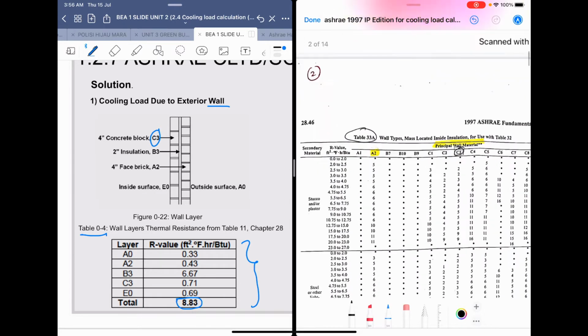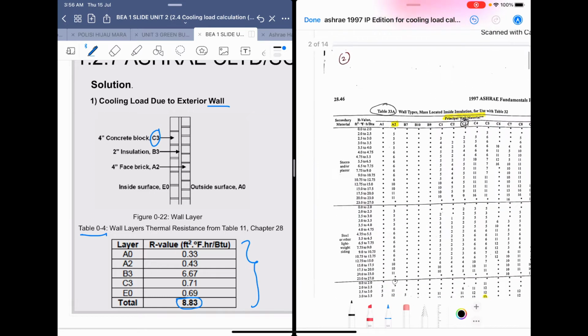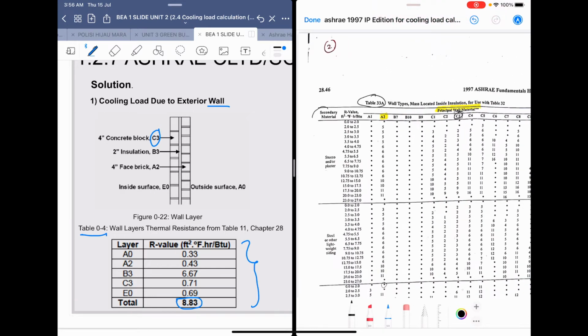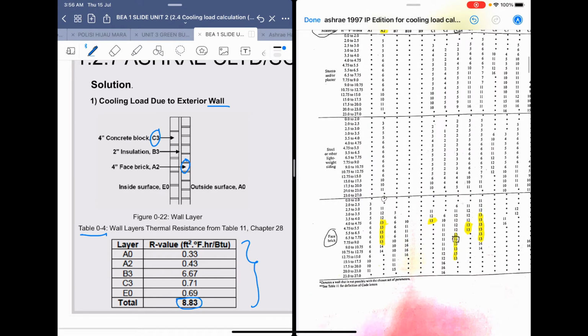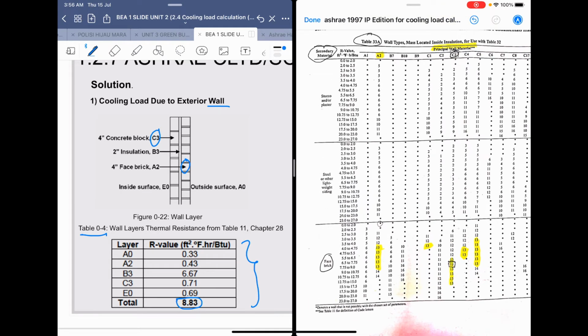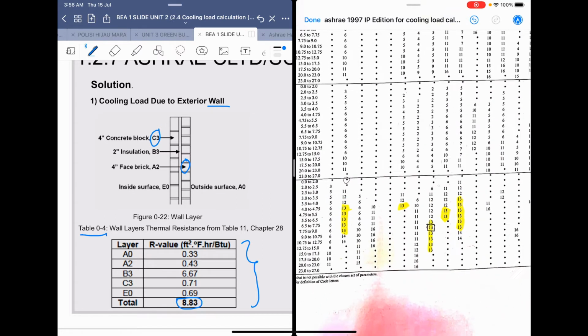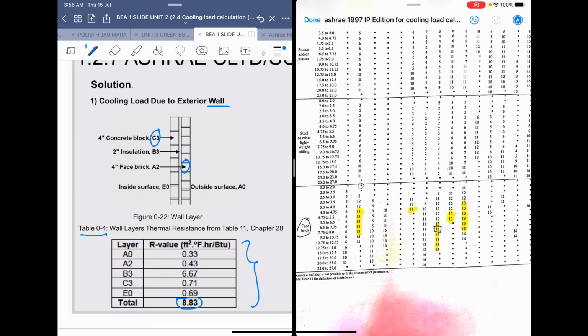While the secondary material is face brick, the material facing the outside surface. A2 face brick, you can see. So the intersection of this C3 and face brick is around here.